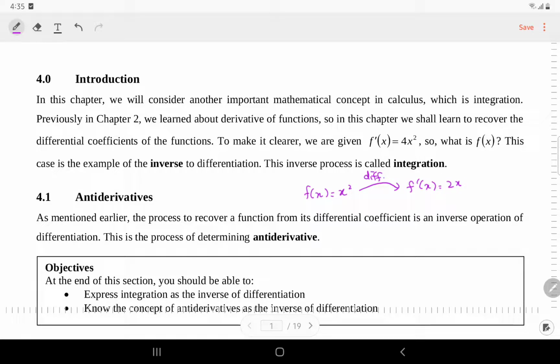And if you integrate the function 2x, you will get this function. So maksudnya integrate is anti-derivative. Dia adalah proses yang terbalik daripada differentiation. So that's the relationship between these two.